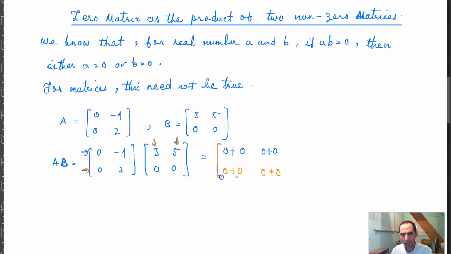As you can see, that's a zero matrix, which is equal to 0, 0, 0, 0, right?